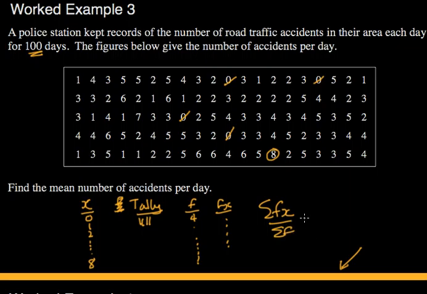In this case, if I were to do that, 323 would be my total of fx. My total f we know is 100. So overall, it's 3.23 accidents per day would be the mean. Okay, have a go at the exercises.